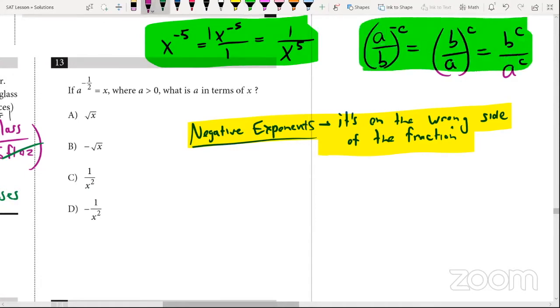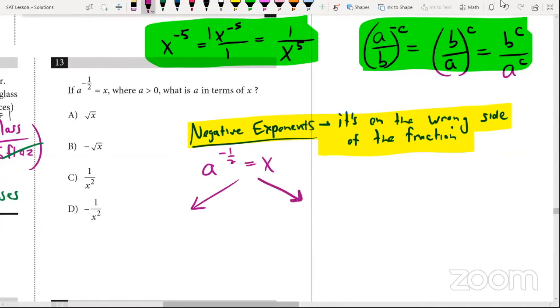So for our question here, we have a to the negative 1/2 equals x. A negative exponent, as it pertains to an equation like this with one term on each side, is the idea that to get rid of the negative exponent, we have to flip something. And whether we flip the left side of the equation or the right side of the equation, both of those are equivalent.